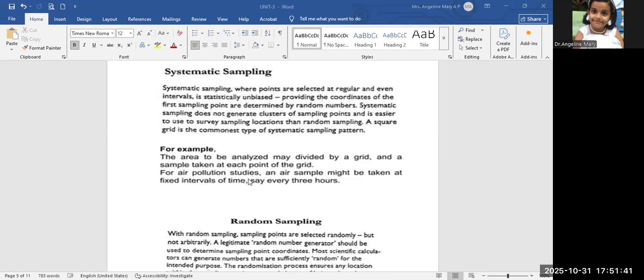This is for the water pollution method. In the case of air pollution studies, an air sample might be taken at fixed intervals of time. Say every 3 hours, we collect the air samples and analyze what pollutants occur in the air. So these are the main things of systematic sampling.